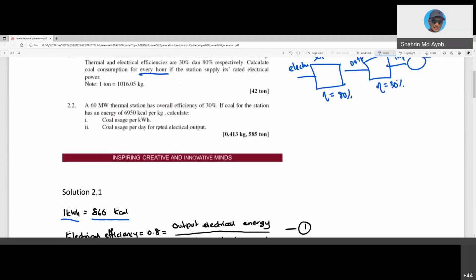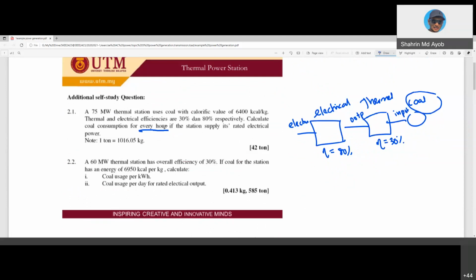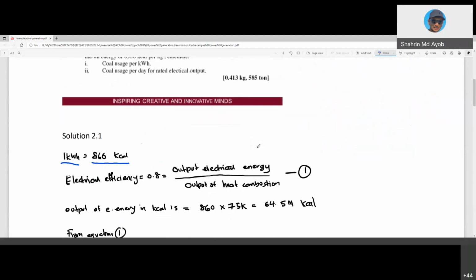But if you refer to the sentence here, for every hour, the answer is on an hour basis, in 1 hour. This one is 1 kilowatt multiplied by hour, which is equal to 860 calories.